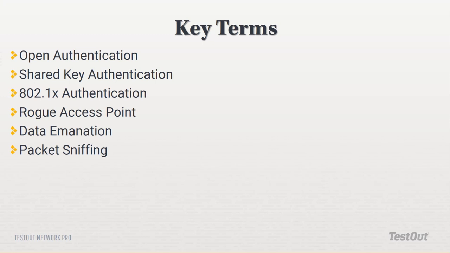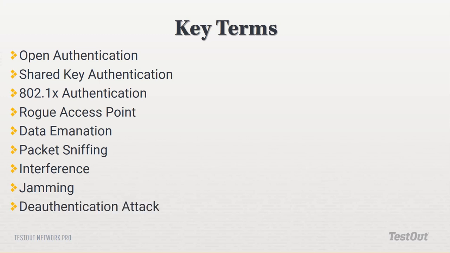So wireless transmissions, unfortunately, are easily intercepted, which is why it's crucial to encrypt all of your data before it gets transmitted. Interference is just like what it says, something that can corrupt or degrade or even destroy the wireless signal. Then we have jamming, and that's a signal interference that's created intentionally by an attacker to make the wireless network impossible to use.